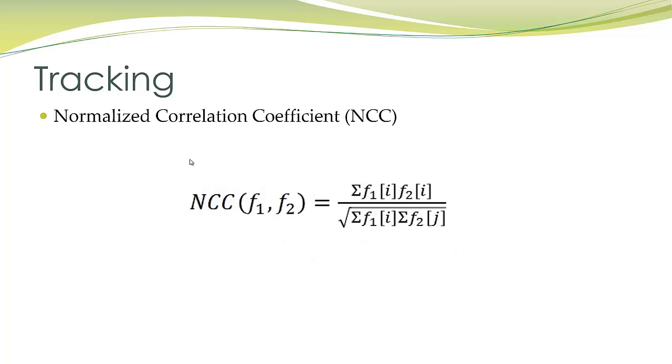The next level is the normalized correlation coefficient calculation, which selects two patches of the feature point, and you calculate their correlation. This correlation has the capability of indicating how close the two points are.